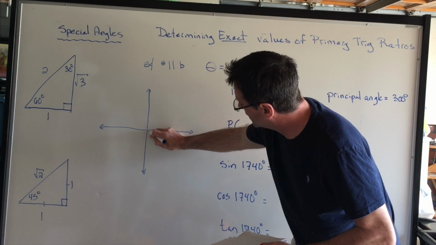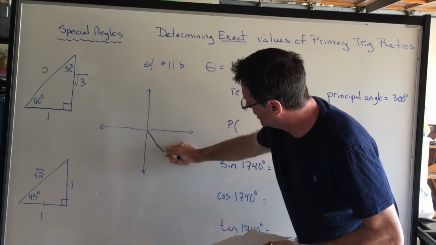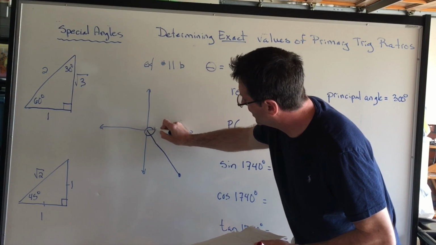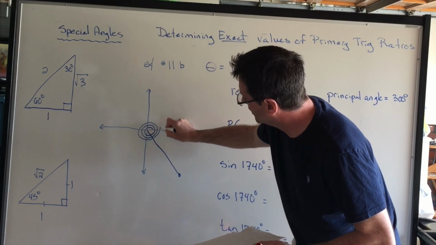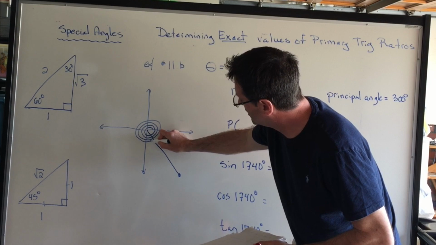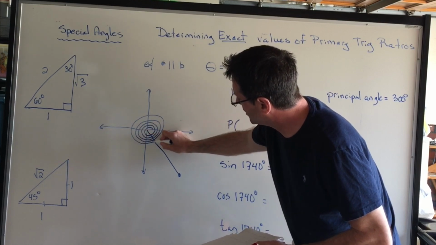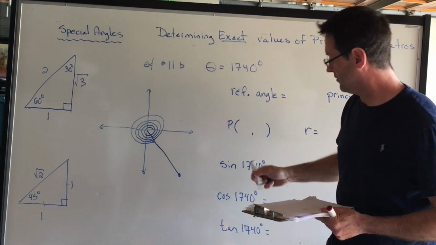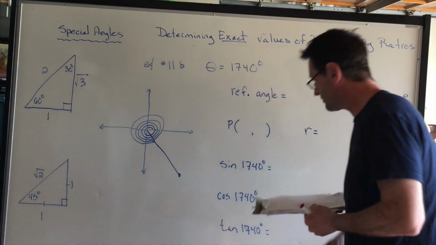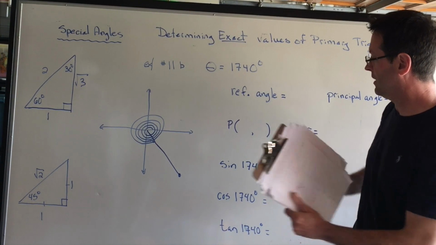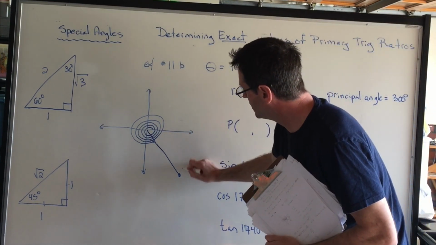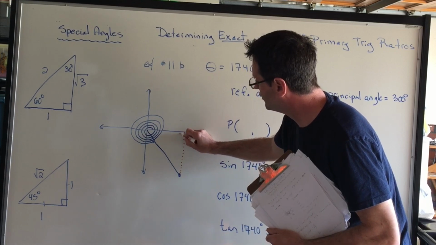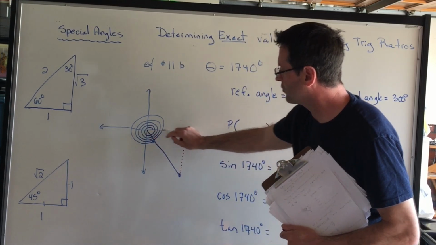So what would it look like? Here would be our terminal arm with the point P. So 1, 2, 3, 4, 5. It goes all the way around there. And that's how we would indicate 1,740 degrees. Now, let's find point P. We'll bring a line up from point P to the x-axis and create ourselves a little reference triangle.